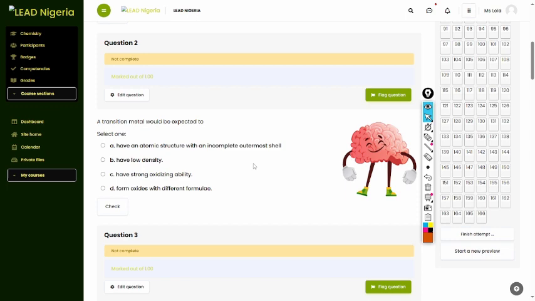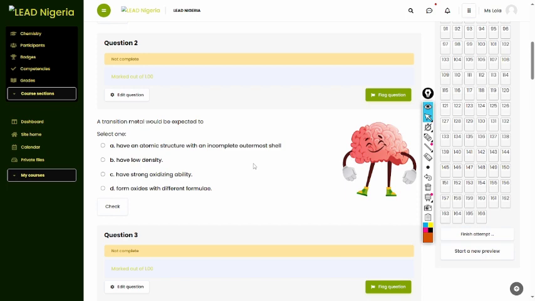B. Have low density. Metals generally have high densities. So transition metals are also metals, and so they have high density and not low density. C. Have strong oxidizing ability. For an atom or element to have strong oxidizing ability, it means that it is a very good oxidizing agent.